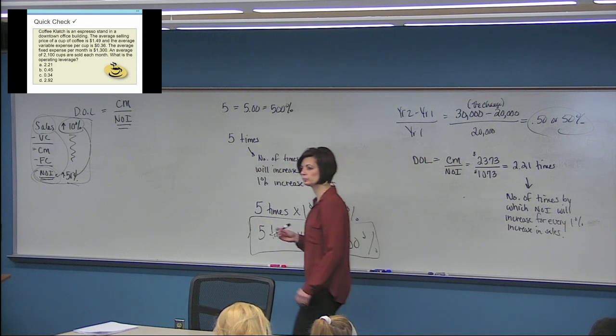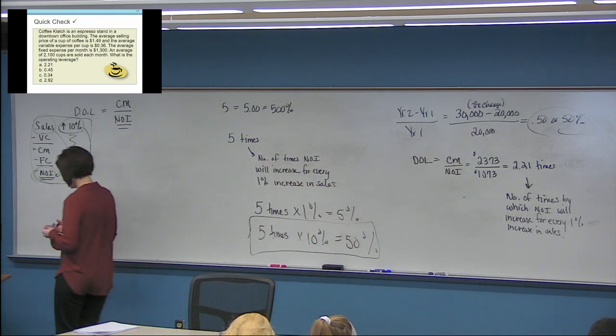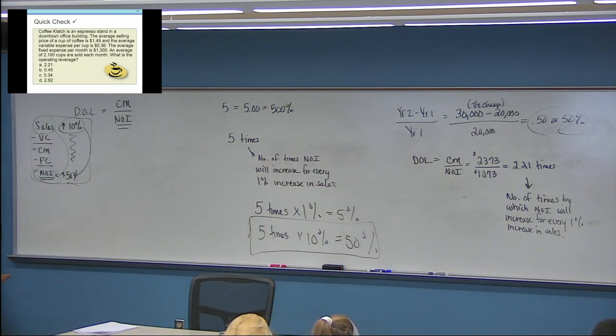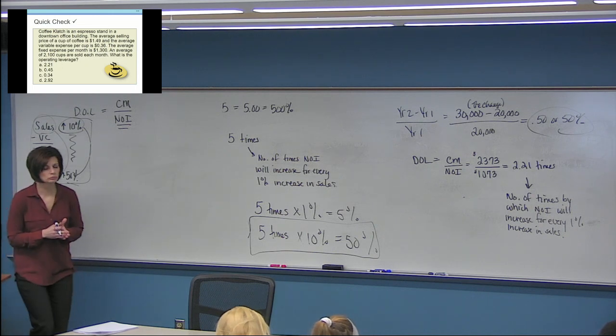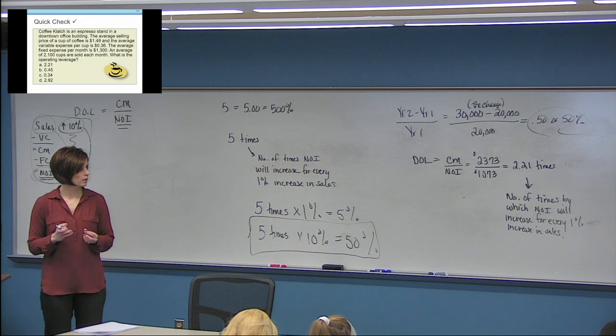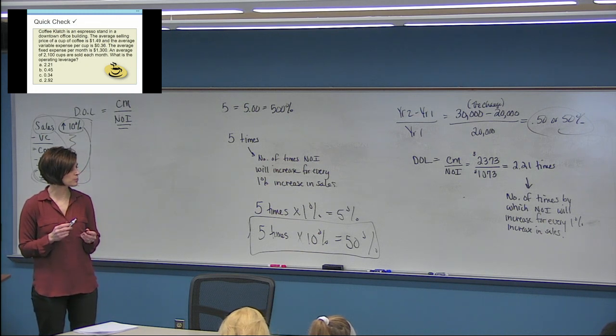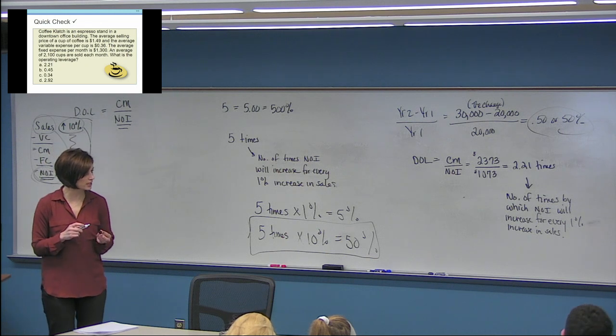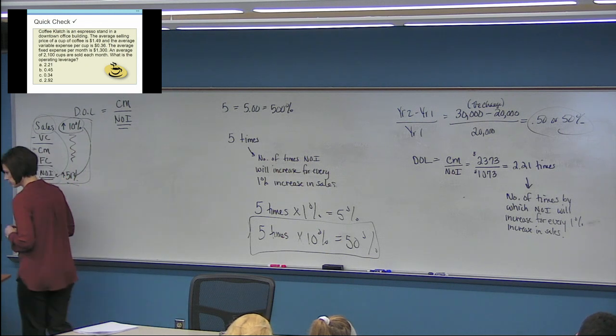That's what you need to know. Write it down. You can't understand it unless you're writing it out and reviewing it. That's the number of times by which net operating income will increase for every 1% increase in sales.